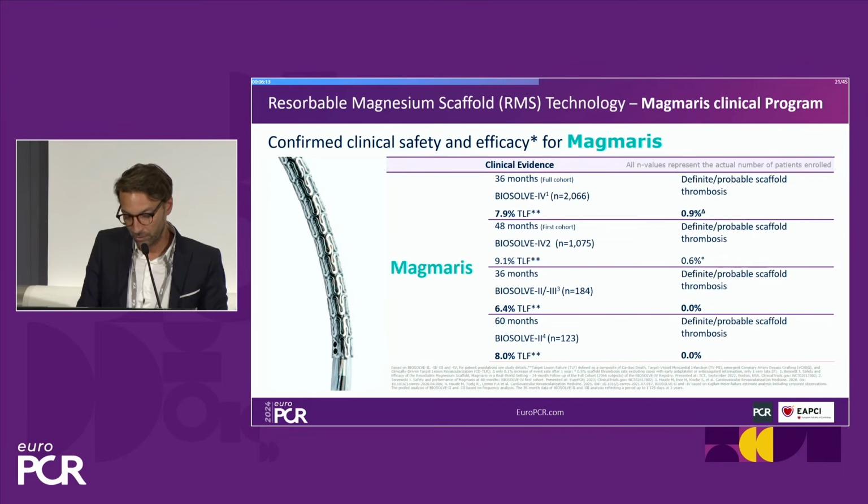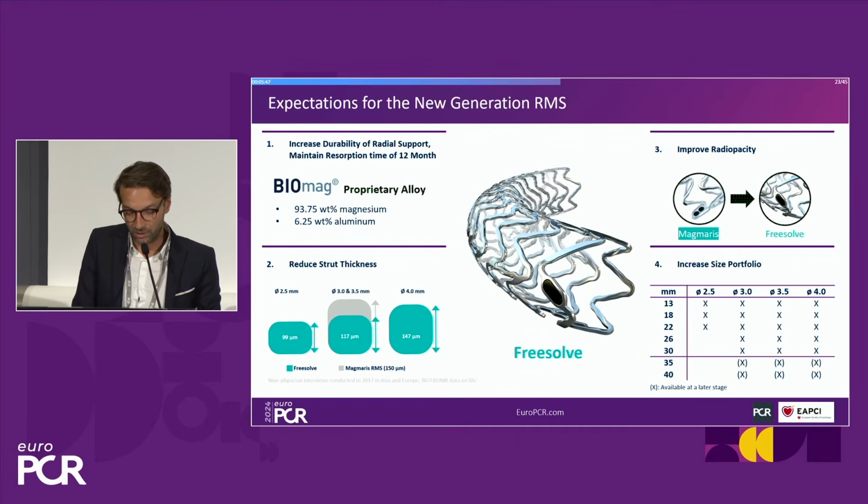But another technology has emerged, the resorbable magnesium scaffold technology with the Magmaris and the DREAMS 2G, that showed a promising safety profile, with a very low stent thrombosis rate and good TLF compared with the standard DES. But what's the expectation for the new generation BMS?